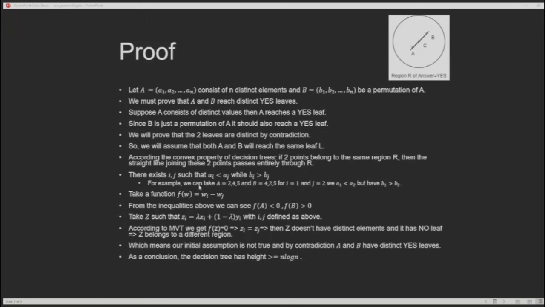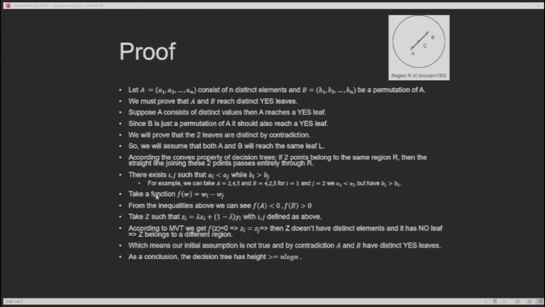To show this, we take an example of A as 2, 4, 5 and B as 4, 2, 5. So for i equal to 1 and j equal to 2, we have A1 is less than A2 while B1 is greater than B2.